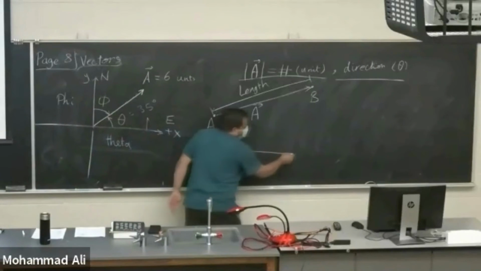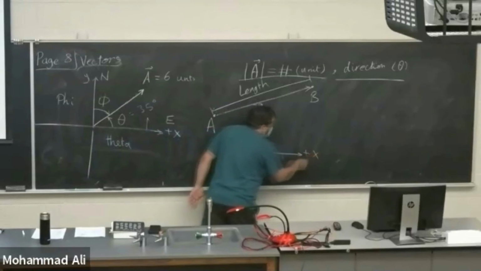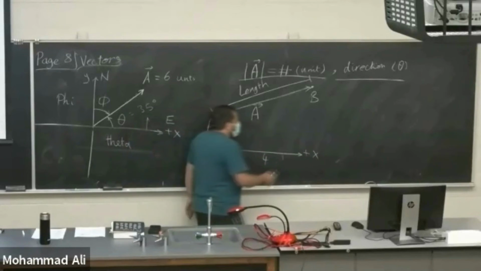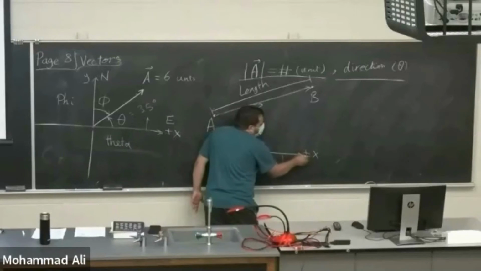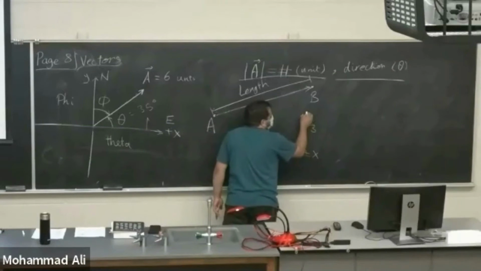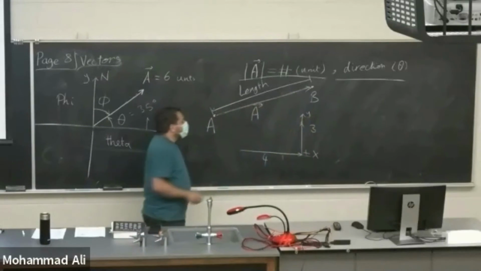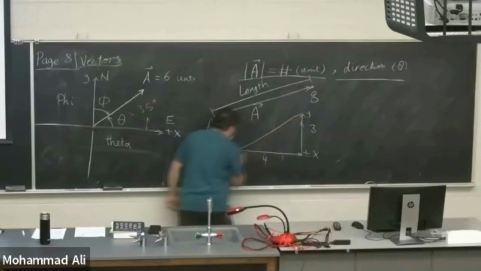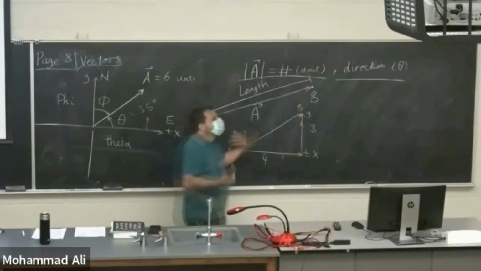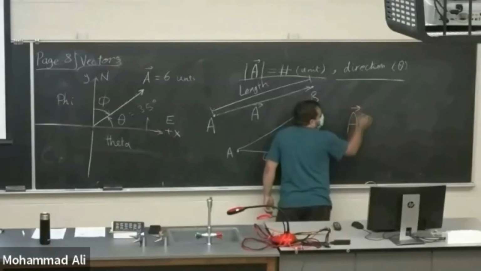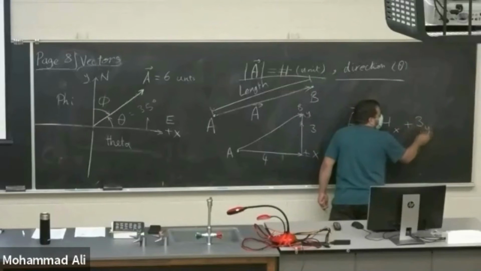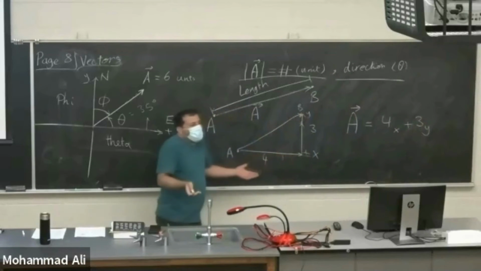I can walk in this direction to the positive X, maybe 4 steps, then I turn my direction 90 degrees to the positive Y, and I walk, for example, 3 units to the positive Y. So I can reach from A to B by using this information. So you told me your vector A is 4 units in x direction plus 3 units in y direction. It is full information.